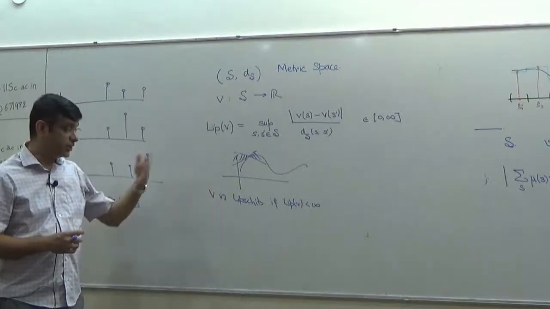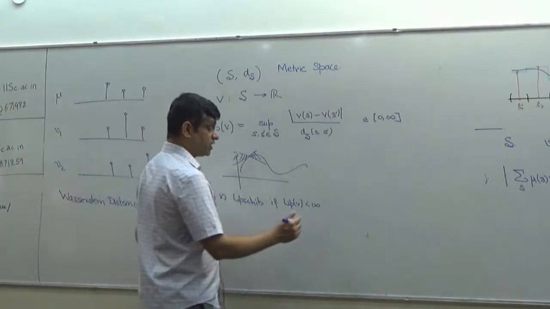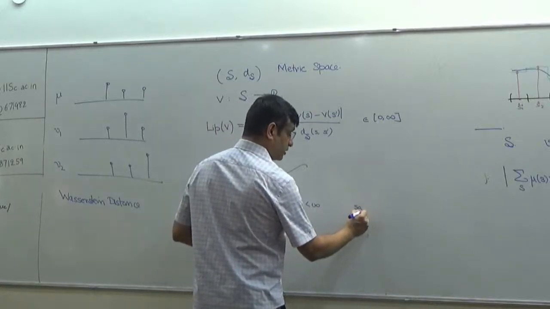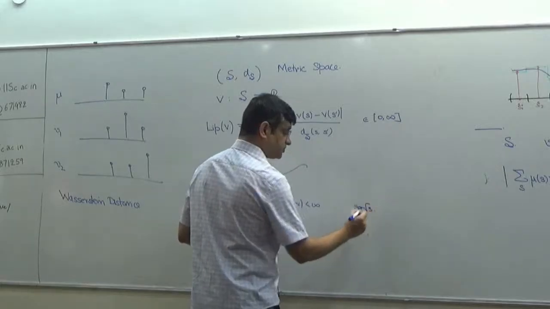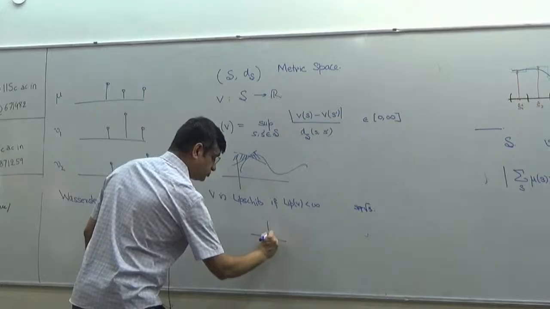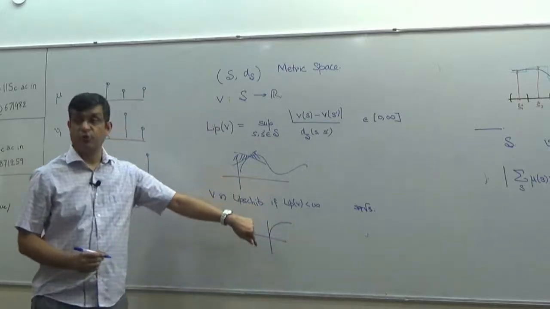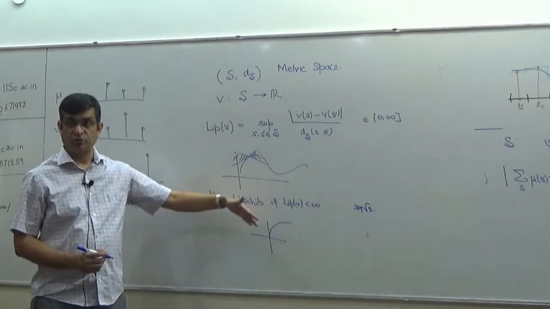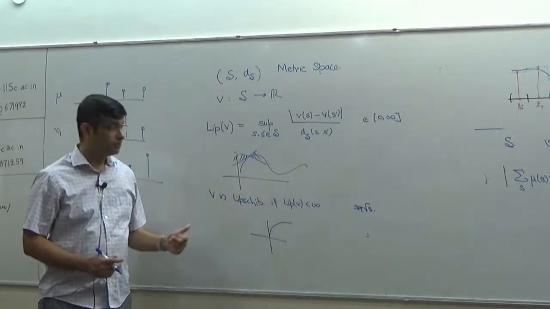An example of a function with infinite Lipschitz constant is something like square root of s. Square root of s goes something like this, and the slope goes to infinity as I get closer and closer to the origin. So the Lipschitz constant is infinity.